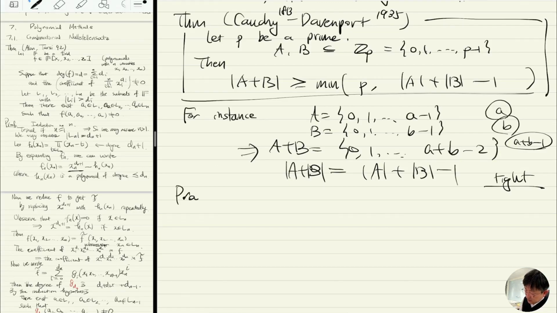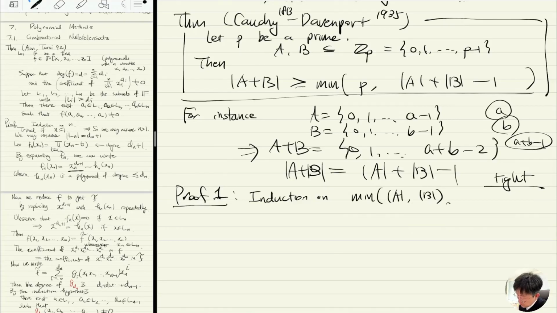Now, I'm going to show you a proof not using the combinatorial Nullstellensatz. So this is a proof by induction. Induction on the minimum size of A and B. So by symmetry, we may assume the size of A is less than or equal to the size of B, right?